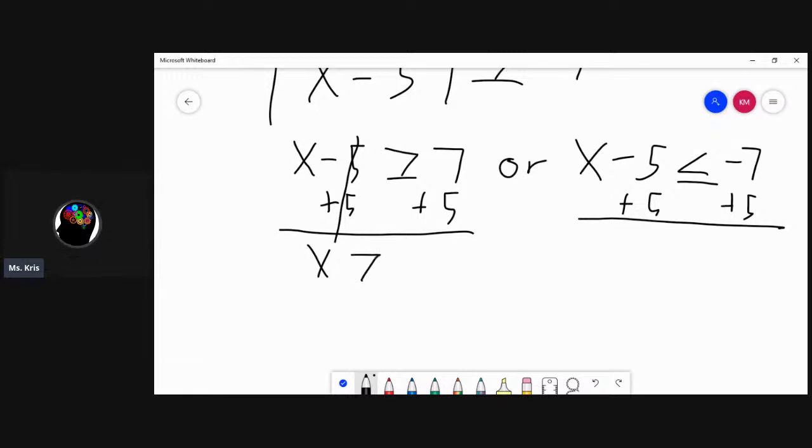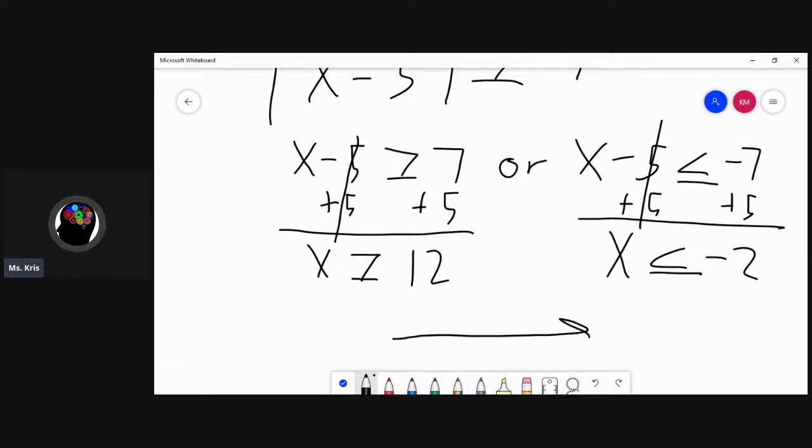My minus 5 plus 5 cancels, and x is greater than or equal to 7 plus 5, which is 12. Or x minus 5 and the plus 5 cancel. I bring down my x, less than or equal to negative 7 plus 5. 7 minus 5 is 2. But since the negative is on the bigger number, it's negative 2.